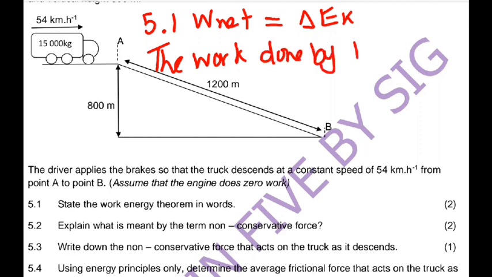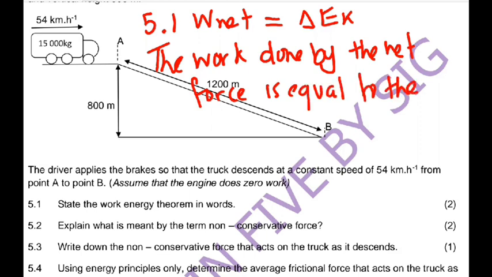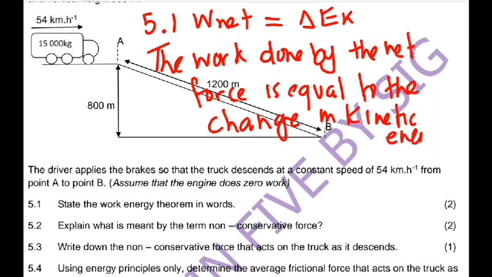Okay, so we just say the work done by the net force is equal to the change in kinetic energy. All right. So that's what 5.1 is.